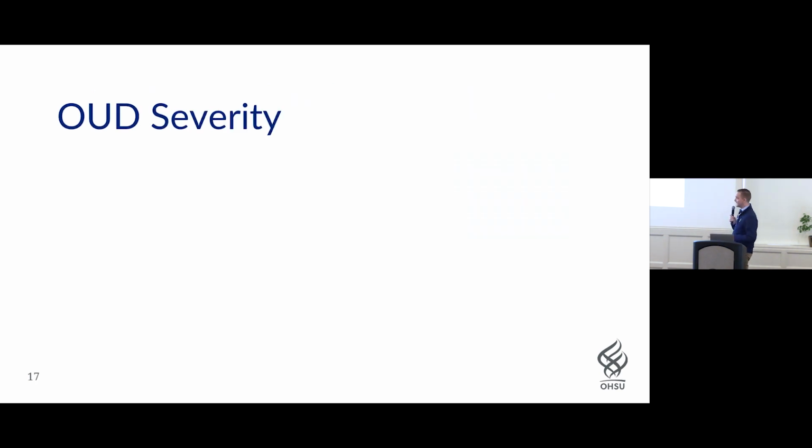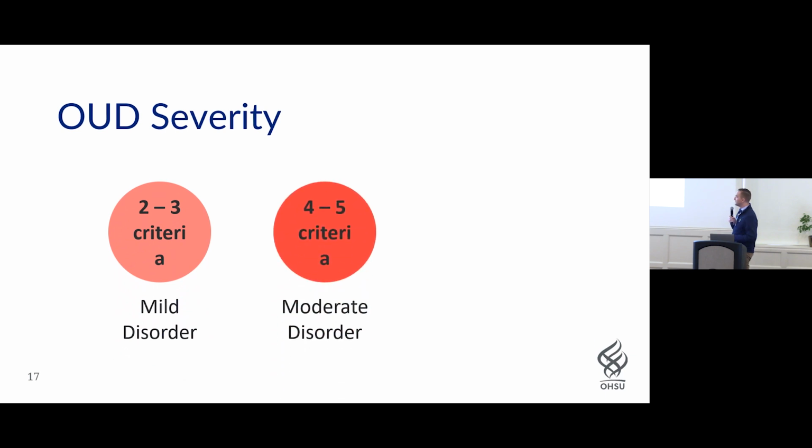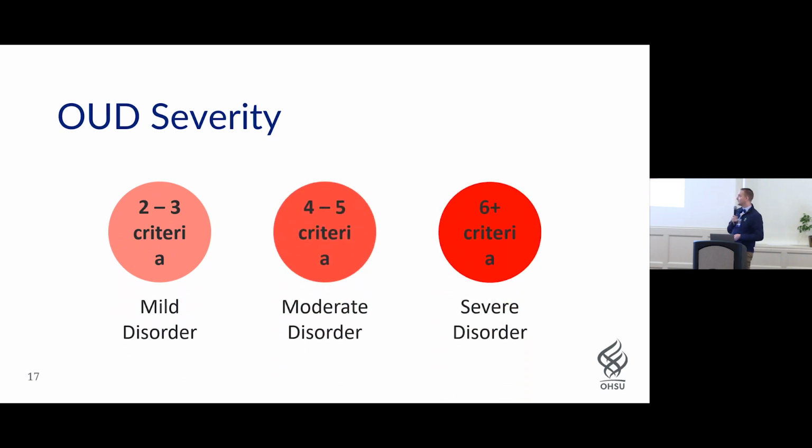And so how do we define severity? If they have 2 to 3 of these, it's a mild disorder, 4 to 5, a moderate disorder, and anything 6 or greater is considered a severe disorder. I think it's important to know severity specifically for opioid use disorder because a lot of FDA-approved medications are based on whether they have one of these severities. When it comes to nicotine use disorder, right, I don't really care if it's mild, moderate, or severe because all of the meds are FDA approved for nicotine use disorder.